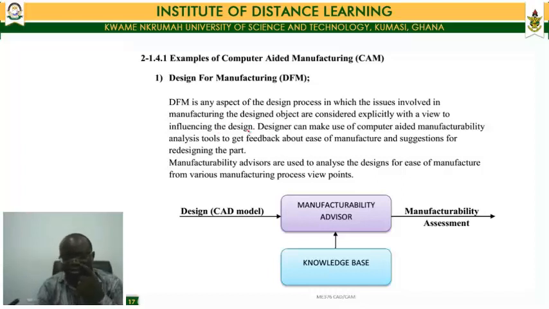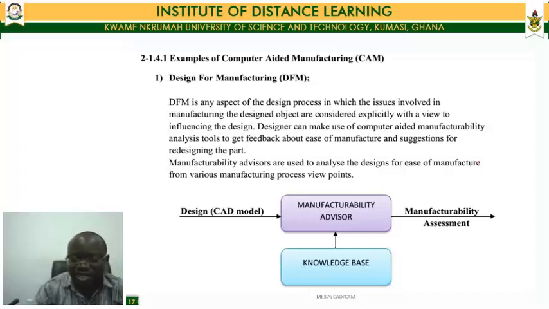So you are designing, but you are looking at the manufacturability aspect of the design for you to make an informed choice in the design decision. That is, based on the difficulty or challenges you may have in manufacturing, the design could change.